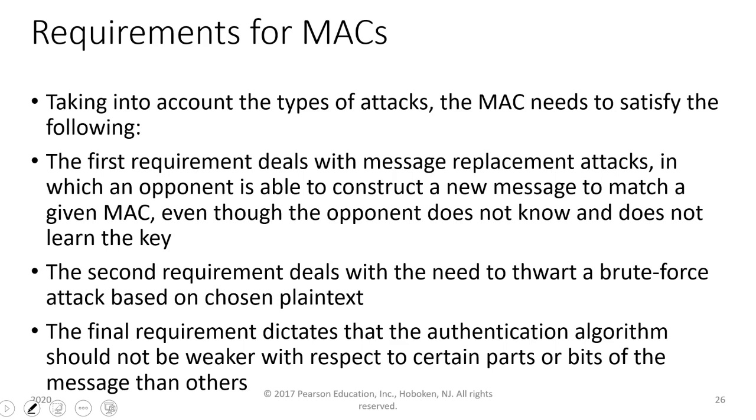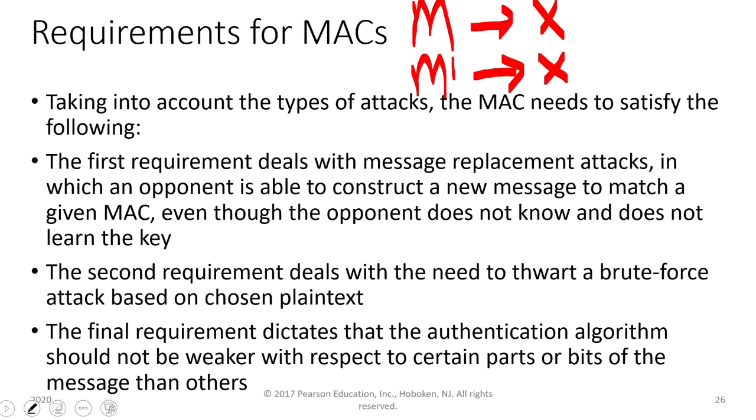Say, for example, we have a message, and for that message we have a message authentication code X. If somebody can compute a different message M1, but still produce the same message authentication code, that is a problem.